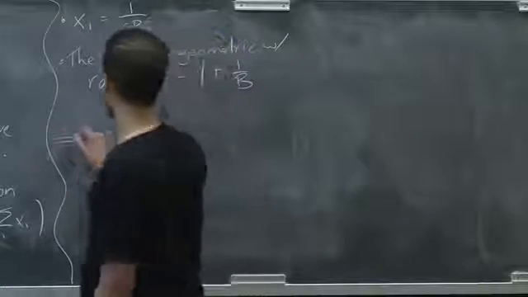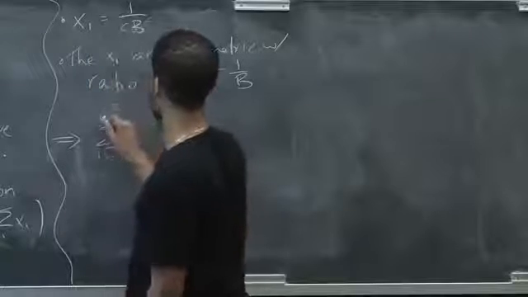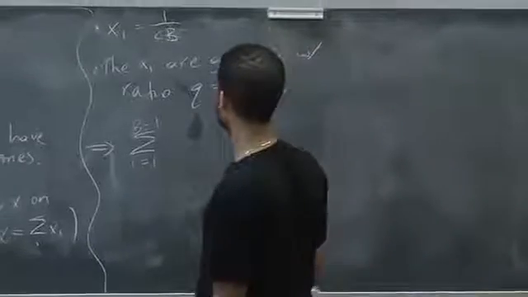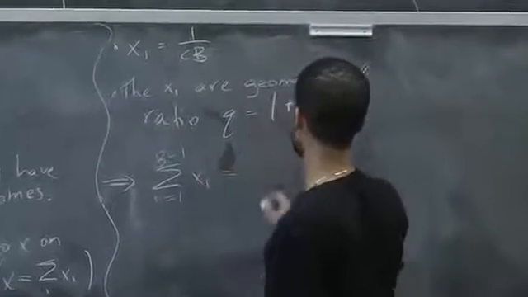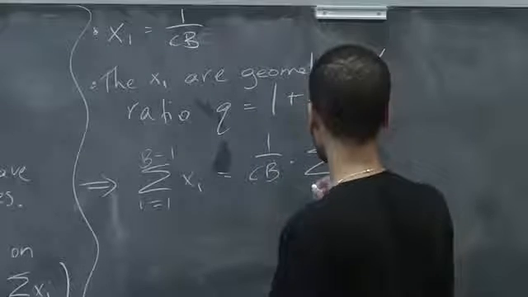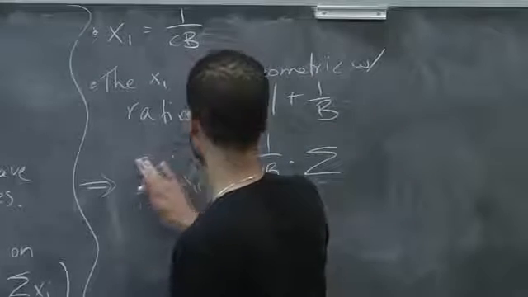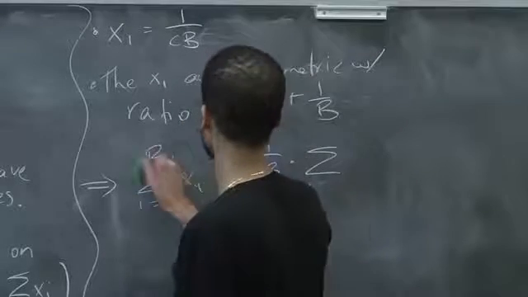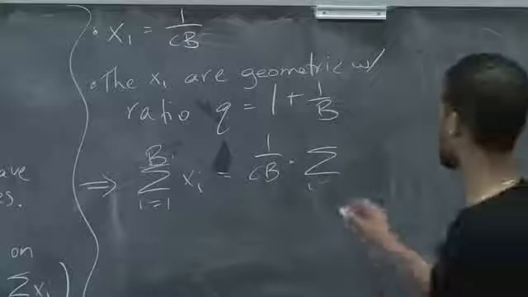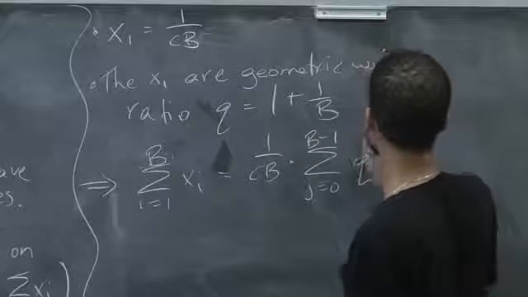This implies that the sum from the first day to, say, the b-th day of xi is equal to 1 over cb times the sum, let's say j going from 0 to b minus 1, of q to the j.